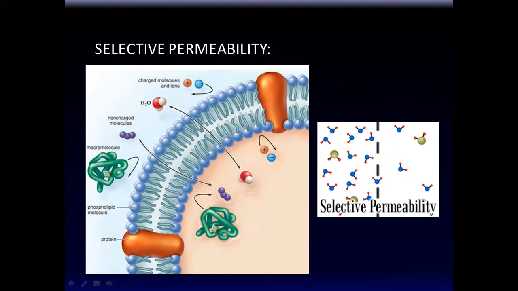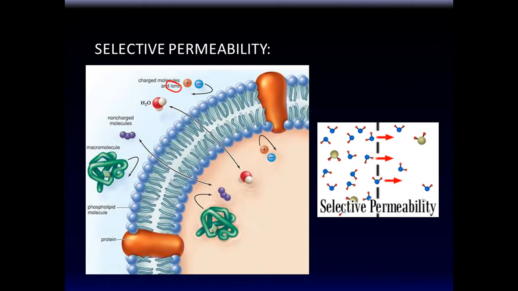So now we understand how the plasma membrane is able to separate two compartments of water, right? Water on the outside, water on the inside. The second aspect of the plasma membrane, if you recall, is selective permeability. In other words, it's very picky about what it allows to come in and out. One thing that cannot get across is charged molecules and ions.